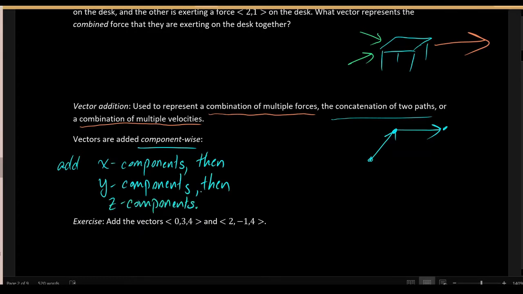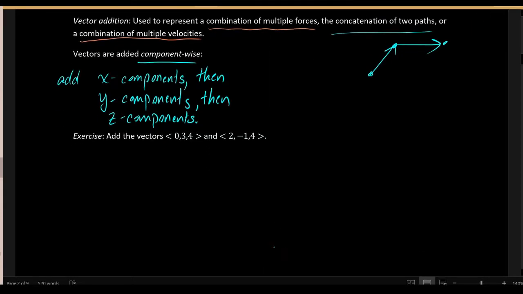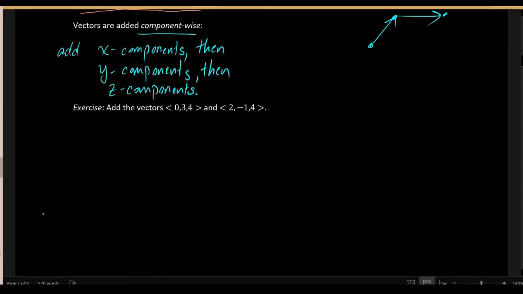To see how lovely this is, let's practice adding the vectors 0, 3, 4 and the vector 2, -1, 4. If I wanted to sum together these two vectors, then I can individually and separately sum together the x components, the y components, and the z components.